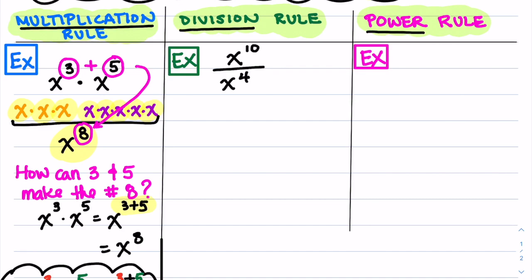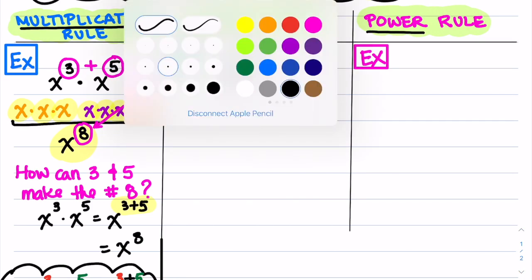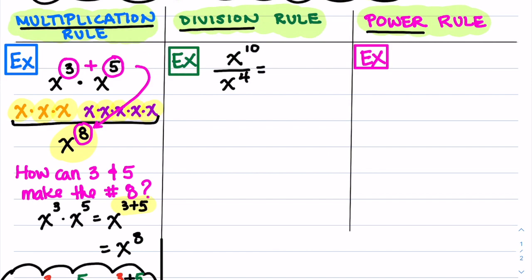Okay, so if I do that, I'm going to notice that I have, what does it mean to have a power of 10? It means I'm going to have 10 copies.